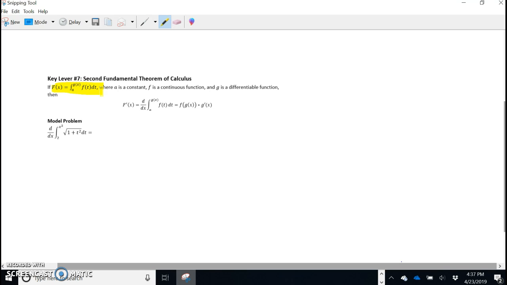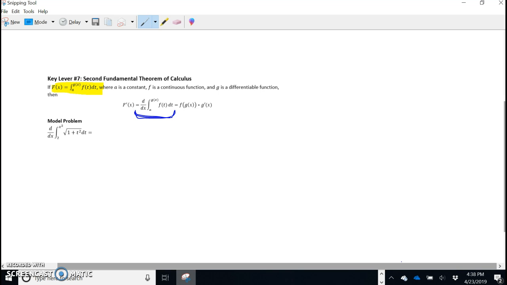The theorem states if you want to find the derivative of big F, that means you're differentiating this integral right here. A really cool result occurs every time where we just have to take f, the function inside the integral, evaluate that at g, and then multiply by g prime. Very similar to a chain rule, but a slight variation there.